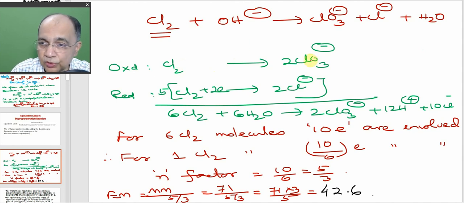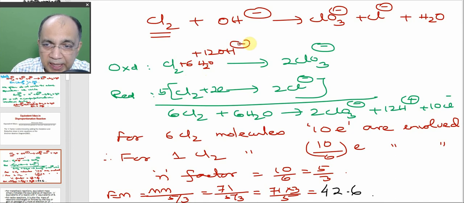2, 2, 2. So 6 oxygen atoms are in excess, so we write 6 water on the opposite side. Then how many hydrogen atoms are in excess? 12. So 12 OH minus ions on the same side, and once again 12 water on the opposite side. Then equalization of charge.